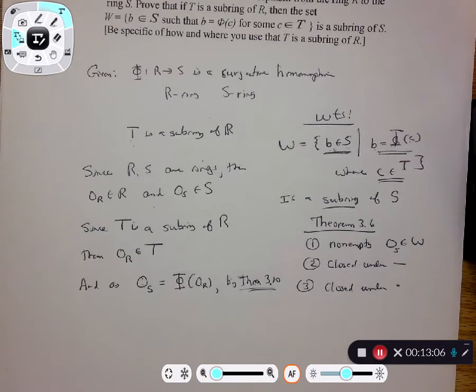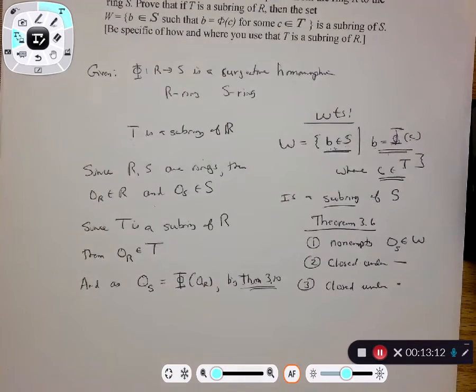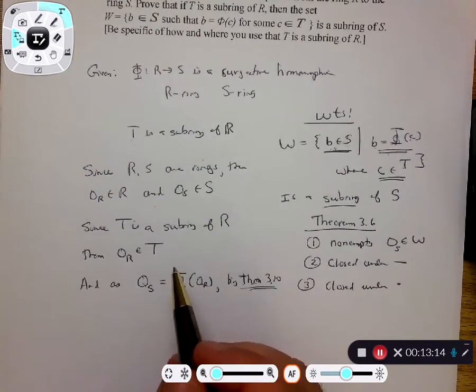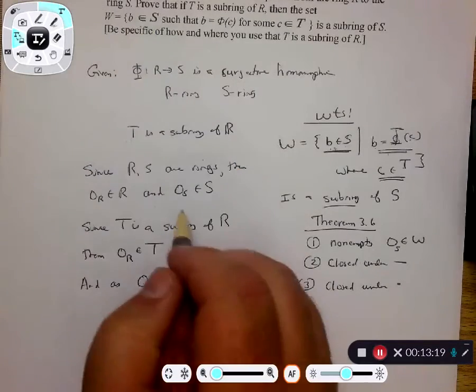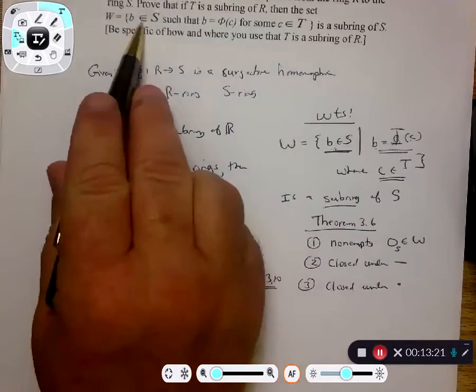So I've got a lot going on here, but let's see if everything in W has been satisfied. We're talking about W being non-empty, so we want the zero element from S to be in there. Well, to be inside of W, you have to come from S. 0_S is an element of S. That part's been satisfied.